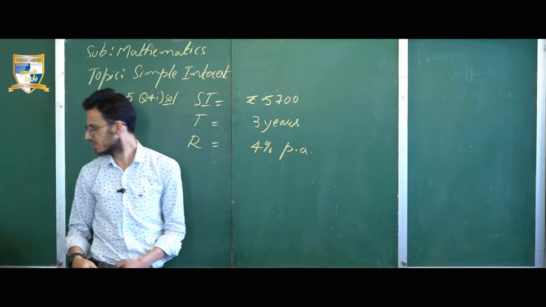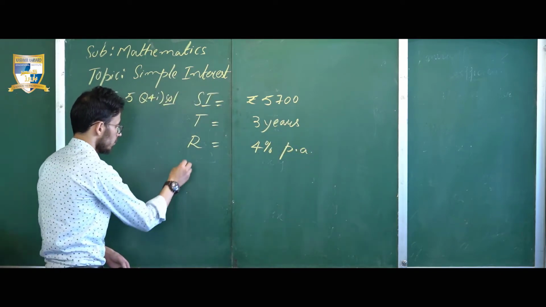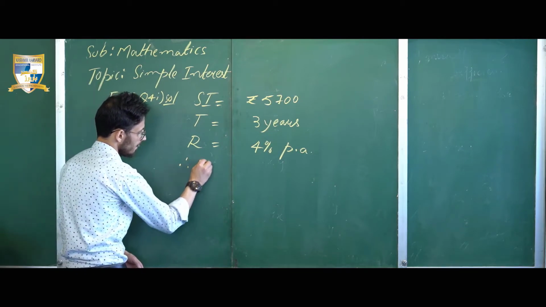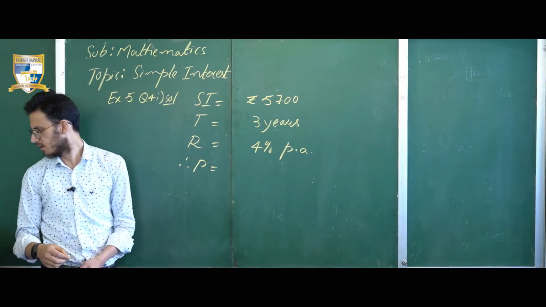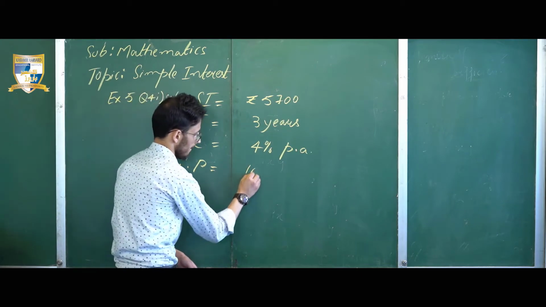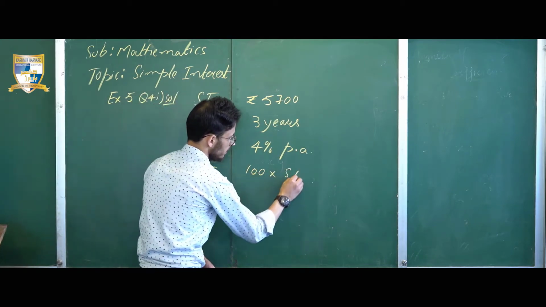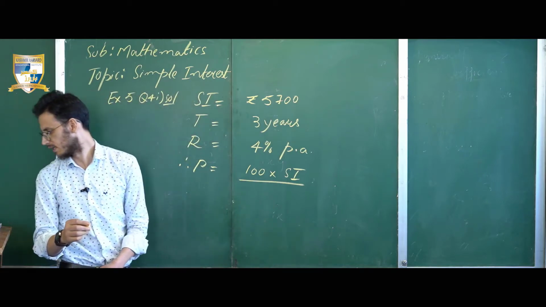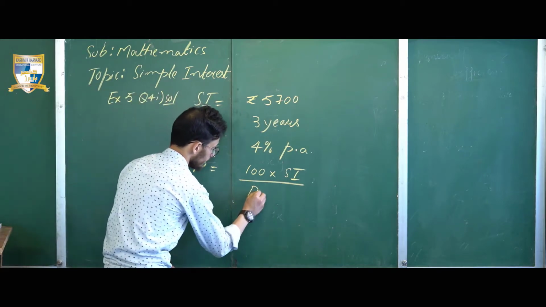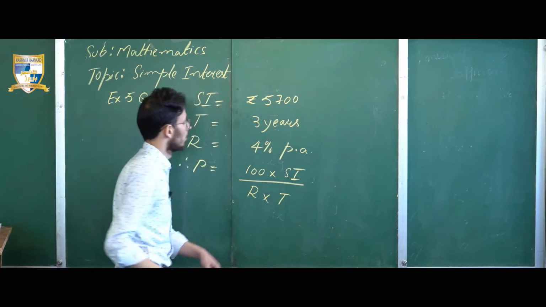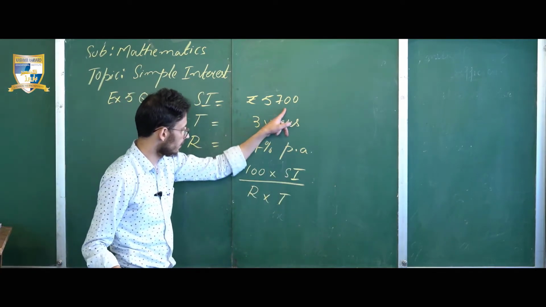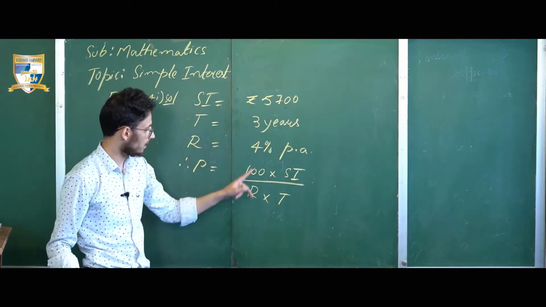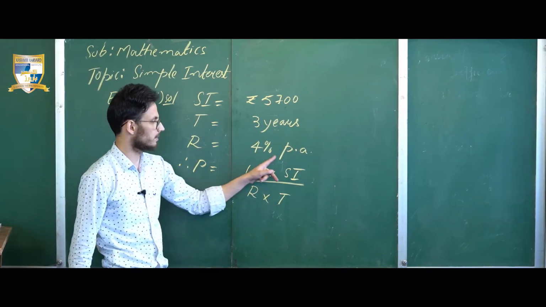Now the question is asking for the principal. So to find out the principal, what is the formula? 100 is to be multiplied with simple interest upon rate into time. Our simple interest is given, 5,700, our time is given, 3 years, our rate of interest is given, 4% per annum.